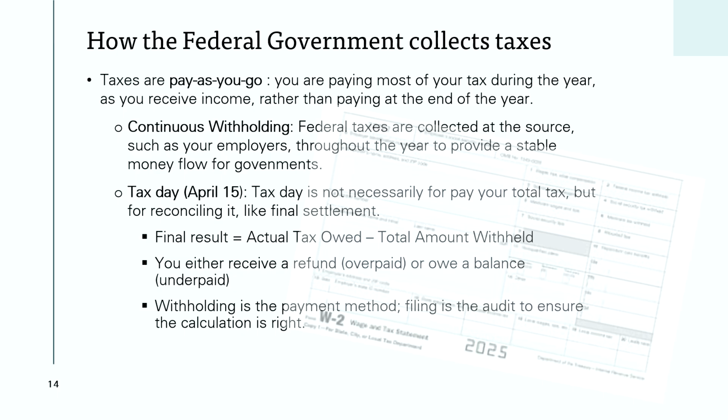The tax day on April 15 is not necessarily the day you pay your taxes, but rather the day you reconcile your accounts, calculating the actual tax owed versus what was withheld. This determines if you receive a refund for overpaying or owe the balance for underpaying.